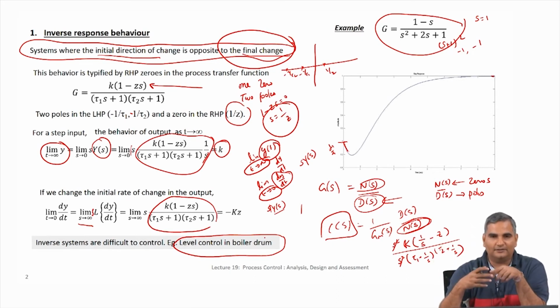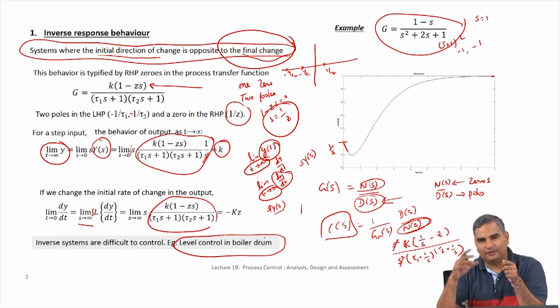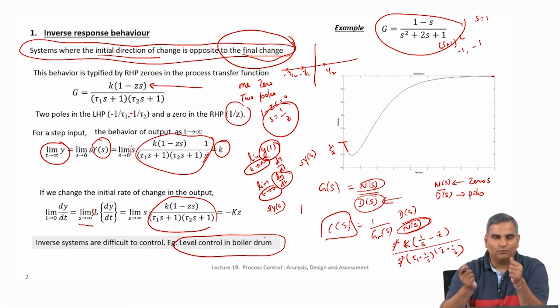However, because of this inverse response, let us say I move my steering a little bit to the right. The initial direction of change is opposite to the final, it will move left. So, you are driving a bike and you are trying to turn right, and then suddenly it turns left. So, you move your steering to your right, but the bike is moving to the left.